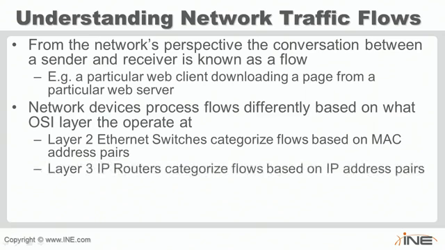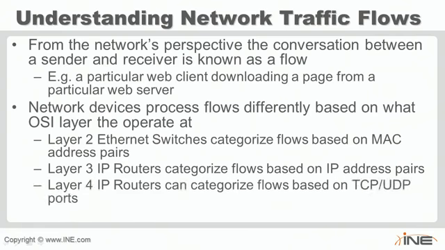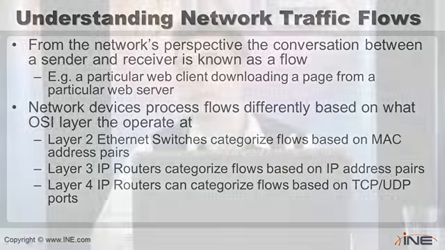A layer 3 IP router may be categorizing the flows based on IP version 4 addresses or IP version 6 addresses. And layer 4 devices could even categorize the flows based on the TCP or the UDP data. So different physical devices in the network, like a content switch, for example, would be able to say, I don't care about the layer 2 header, the layer 3 header, the layer 4 header.